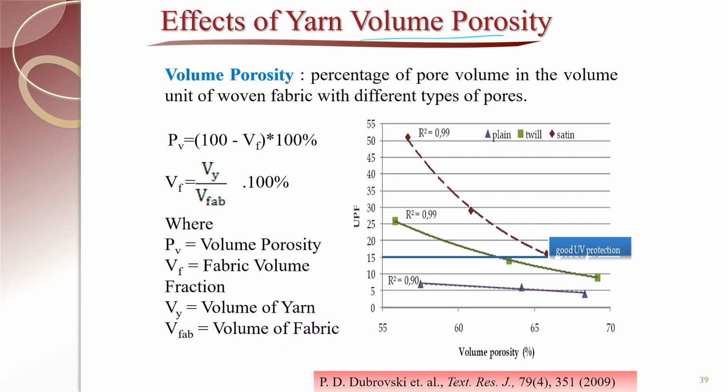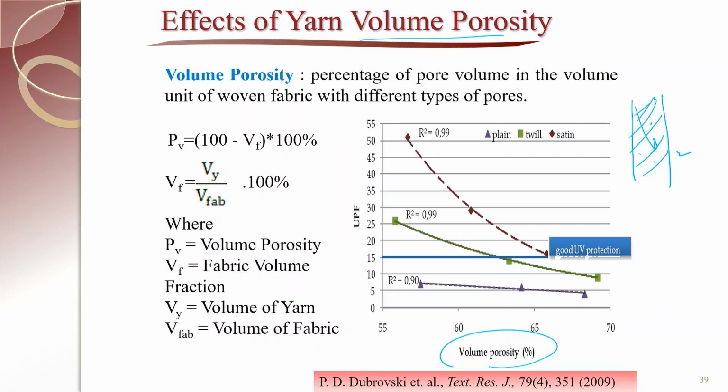Volume porosity is important. If yarn volume porosity increases, that means there is interfiber space in the yarn. If it is porous, that will allow the UV ray to pass through.